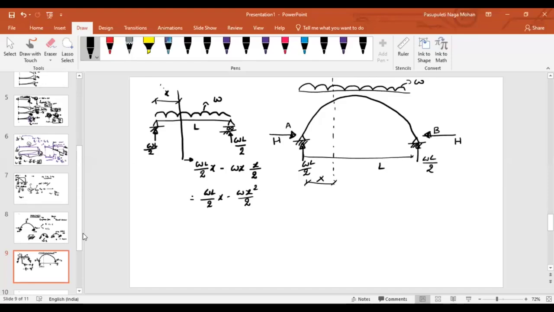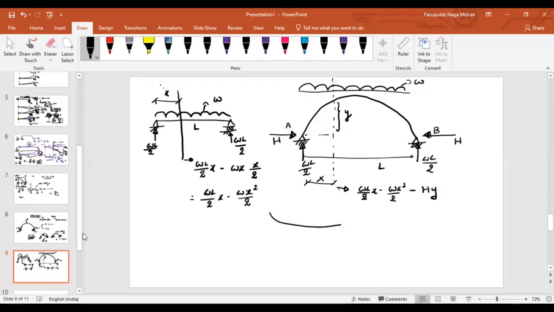Similarly, if I consider a section at a distance of X from the left support, what about the bending moment at that section? Because of WL/2, as we know, WL/2 times X, minus because of the UDL, WX squared by 2. And imagine that at that section, the distance is y. Because of this H, minus H times y.